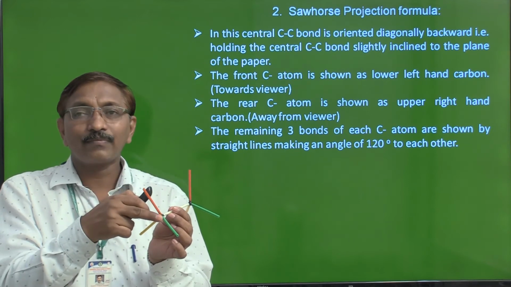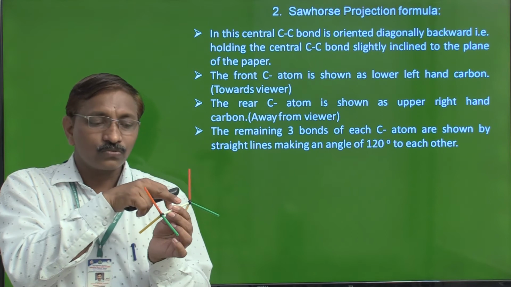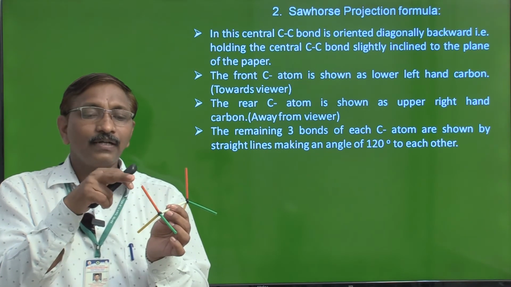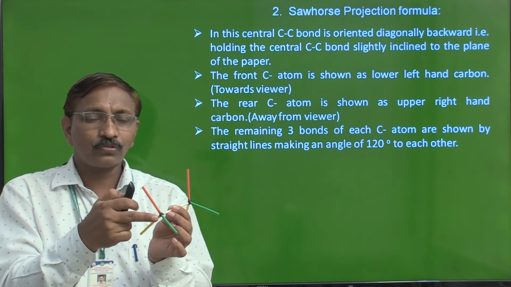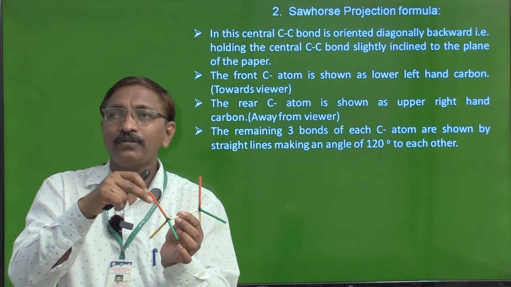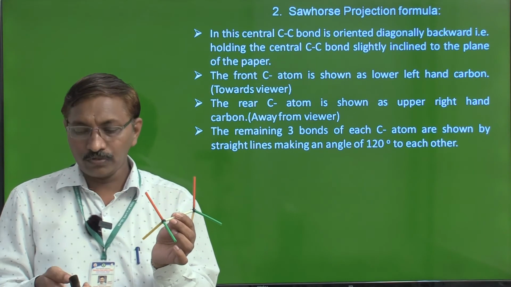The front carbon atom is left-hand lower, the rear carbon atom is right-hand upper, so this looks like a sawhorse. Hence it is called a Sawhorse projection formula, while the remaining three bonds for both the front and rear carbon atoms are drawn as straight lines with 120 degree angles to each other.